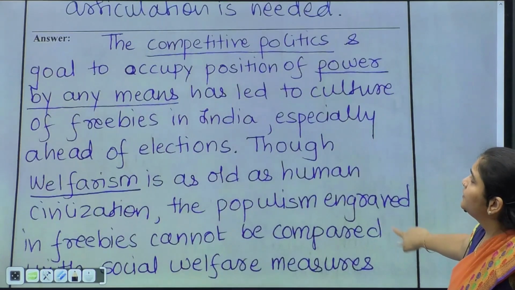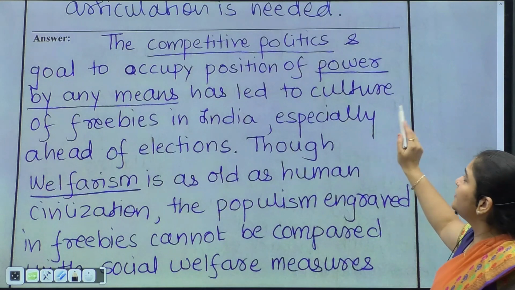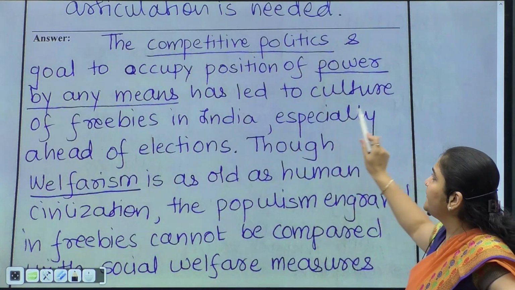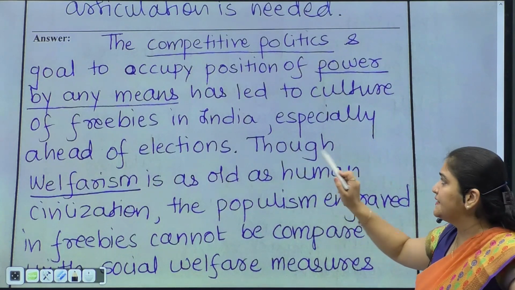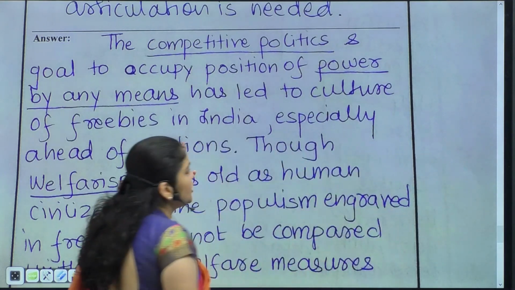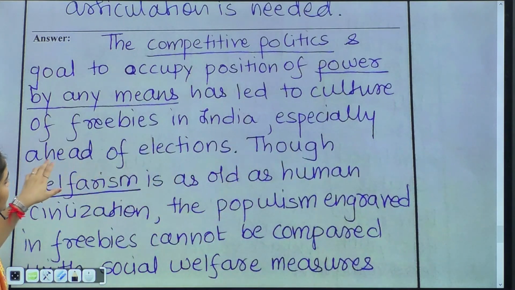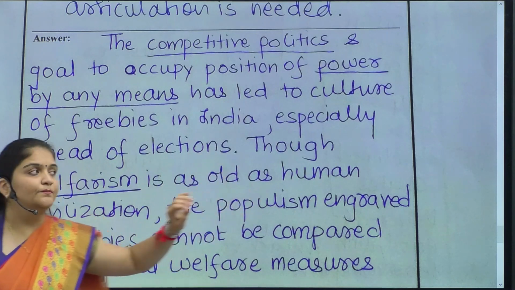So first, see how to introduce: competitive politics and the goal to occupy a position of power by any means has led to the culture of freebies in India, especially ahead of elections.